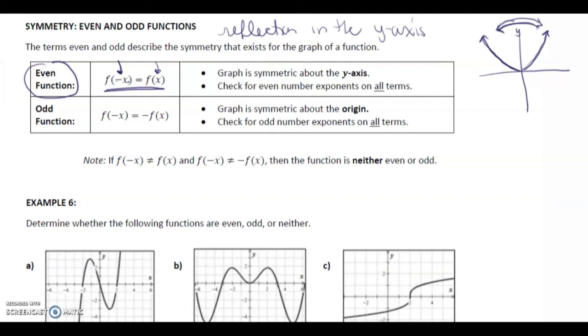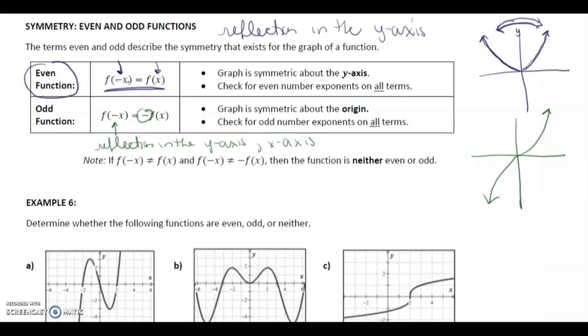Whereas an odd function is symmetric on the origin. Okay, so it's rotational symmetry. So in regards to the equation, this here would be reflection in the y-axis. This here would be reflection in the x-axis.